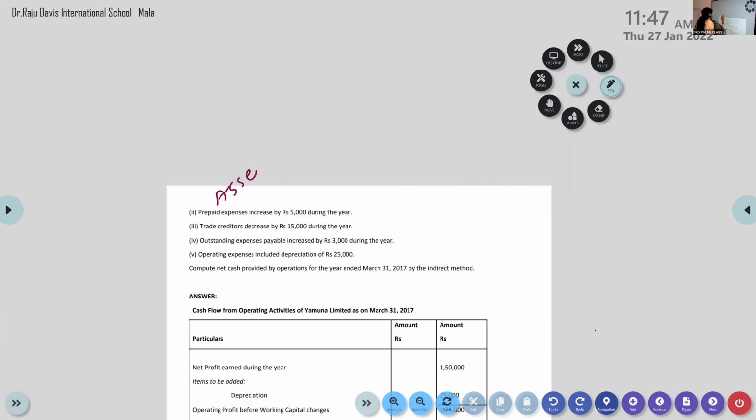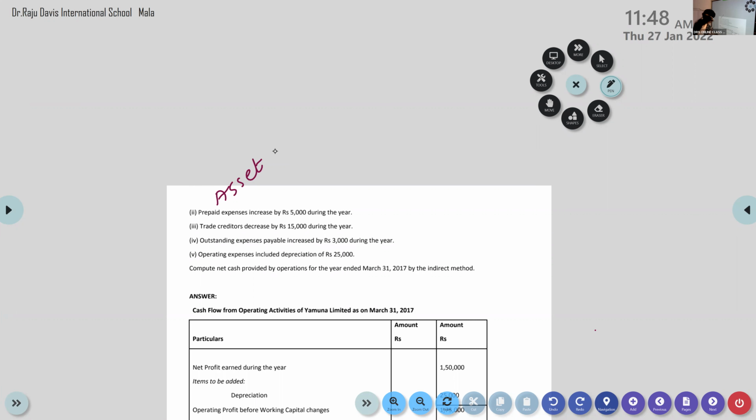Then trade creditors decrease. Trade creditors is a liability. Outstanding expense is a liability. Operating expense included depreciation. Depreciation is also given. So these many details are given to you.